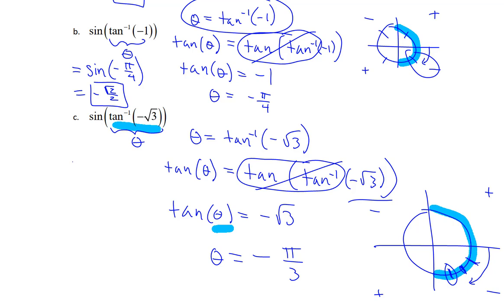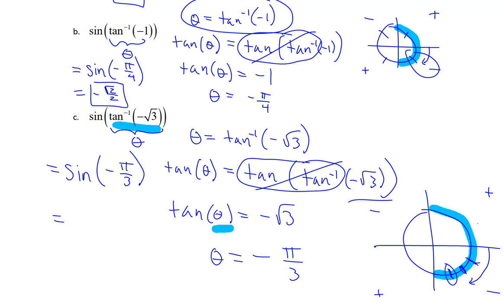Great. Well, we care about the sine of theta. So we're looking for, in this case, the sine of what we've called theta. We just figured out that theta is negative pi over 3. So we're looking for really the sine of negative pi over 3, which again turns it into a unit circle problem. It's the same place we've been looking at already.